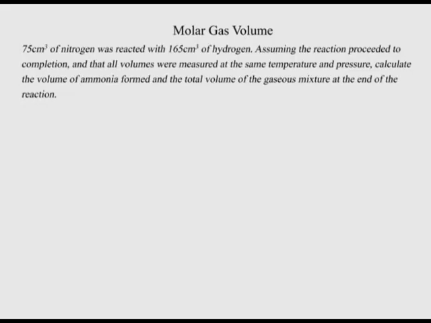This is a case of a limiting reagent. First, we write the equation. Nitrogen plus hydrogen gives ammonia. The mole ratio of nitrogen to hydrogen to ammonia is 1 to 3 to 2. The volume ratio will also be 1 to 3 to 2.